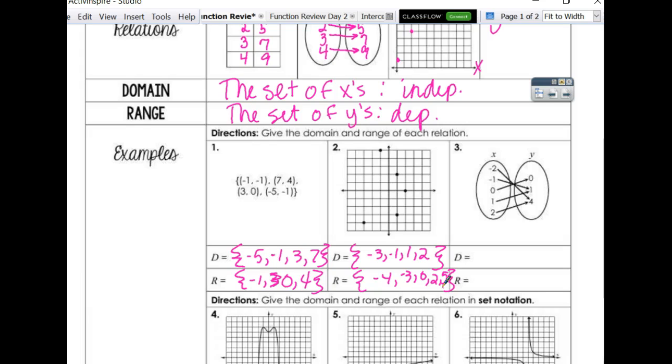Now, Cabela, does that one pass the vertical line test? Why? It doesn't. You're right. These two right here, same vertical line, so it doesn't pass.